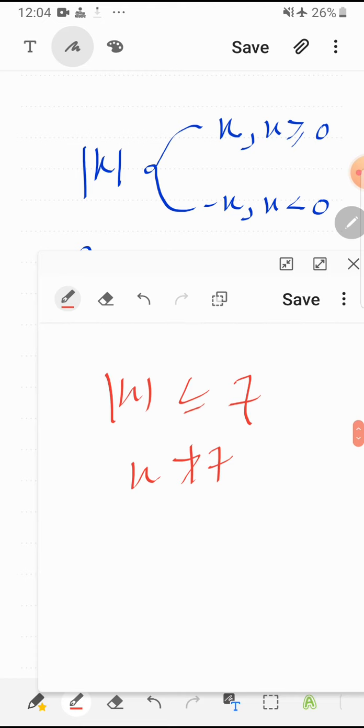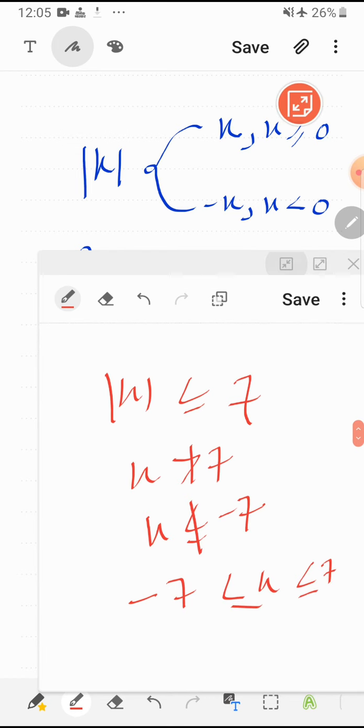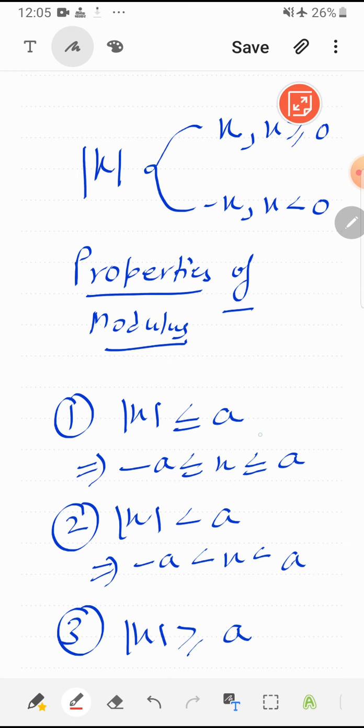At the same time x can't be less than minus 7, like minus 8, minus 9. It can't be like that. So it should lie between minus 7 to 7. Simple observation. So mod x less than or equal to a means minus a less than or equal to x less than or equal to a. When I say mod x less than a, no equality is there, so I will remove equality from here also.